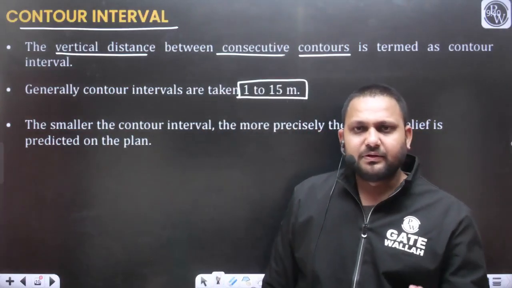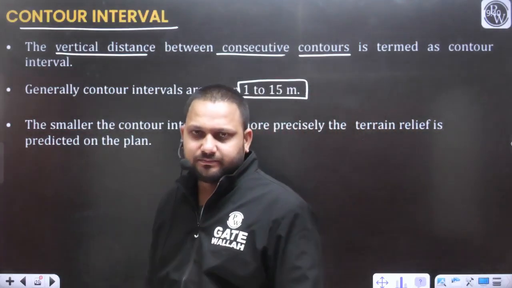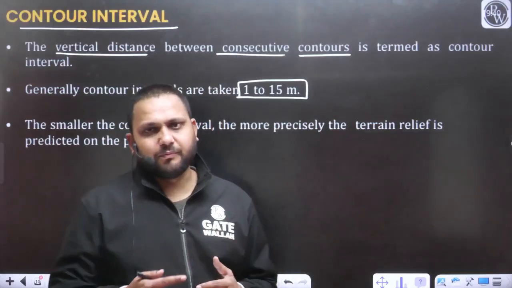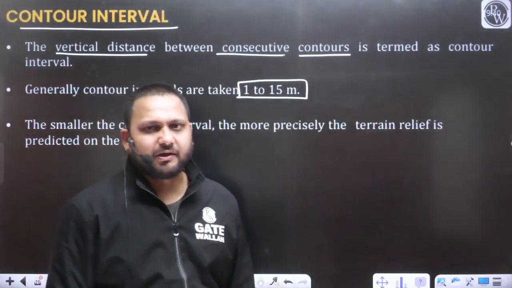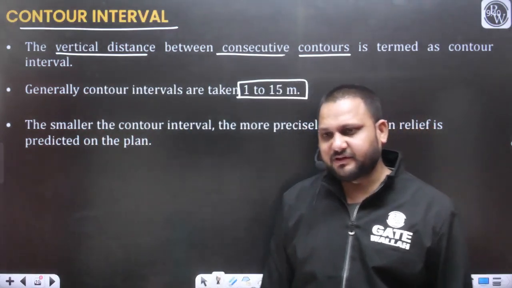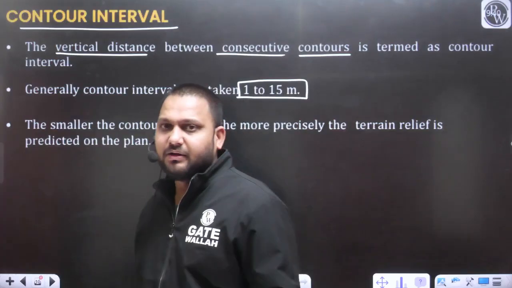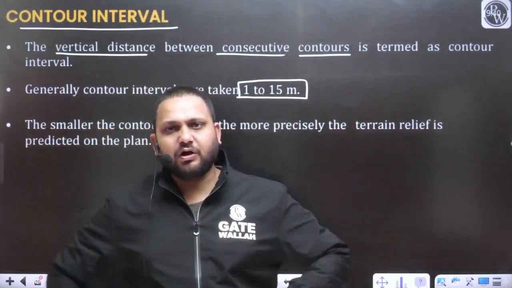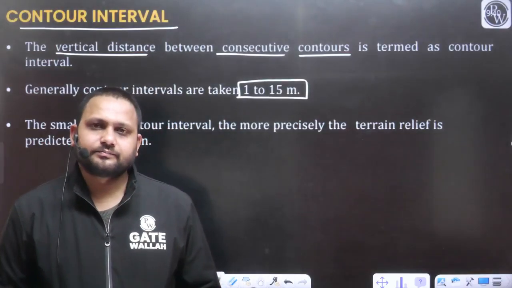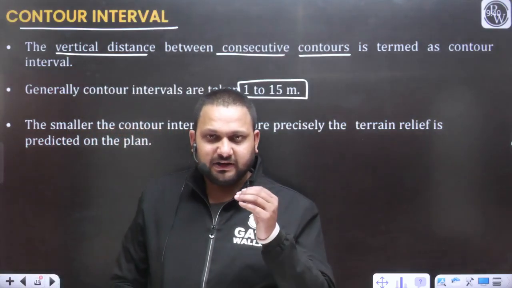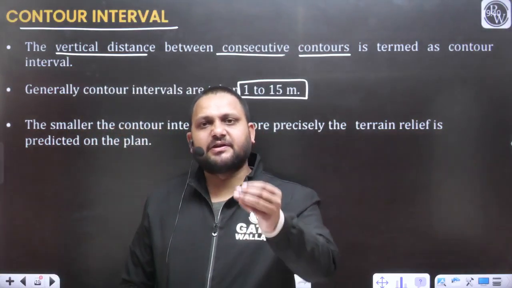So time, and the cost of the survey work: for taking more observations, more surveyors and more time are required. Ultimately, it will increase your cost for the data collection. And the most important thing, what degree of accuracy and precision do you want?